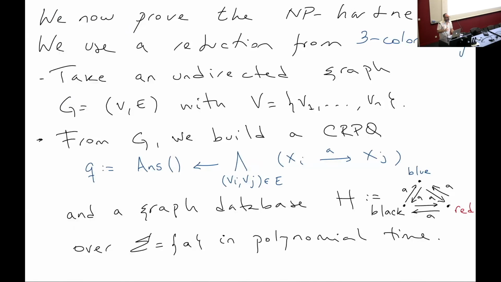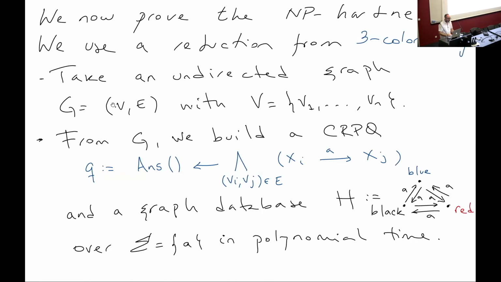Now, the intuition for why it's NP hard? We can use a simple reduction from three-colorability. You take an undirected graph G, and we will construct a graph database and a CRPQ such that G is three-colorable if and only if this query Q has at least some answer, that is, it can match into the graph database.